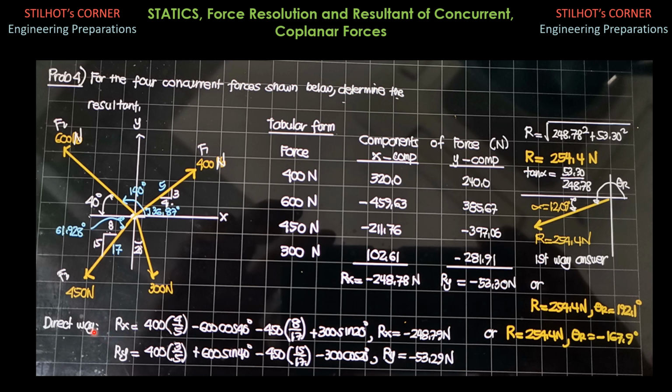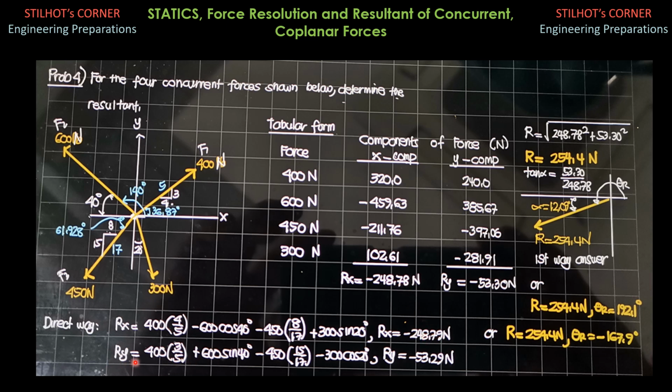Then this is the direct way if you want the solution to be shorter. So for the direct way, Rx is summation of Fx: 400 times 4 over 5, minus 600 cosine 40, minus 450 times 8 over 17, plus 300 sine of 20, and it is negative 248.79 newtons, practically equal to that.